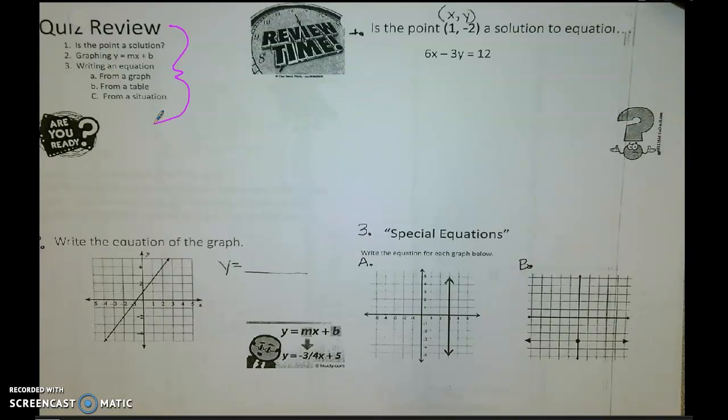Number one, we're looking to see, is this point a solution? To be able to figure that out, we're going to plug it in. We're going to take this x and we're going to take this y and put them in the equation. So x will go in for x, y will go in for y.